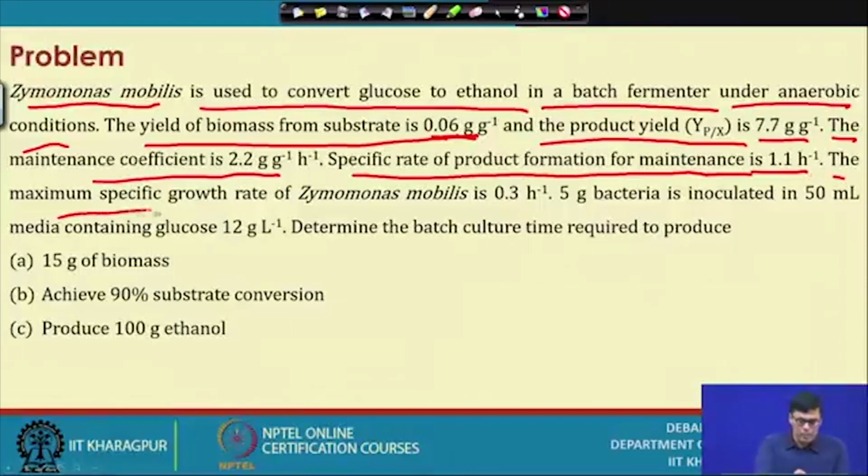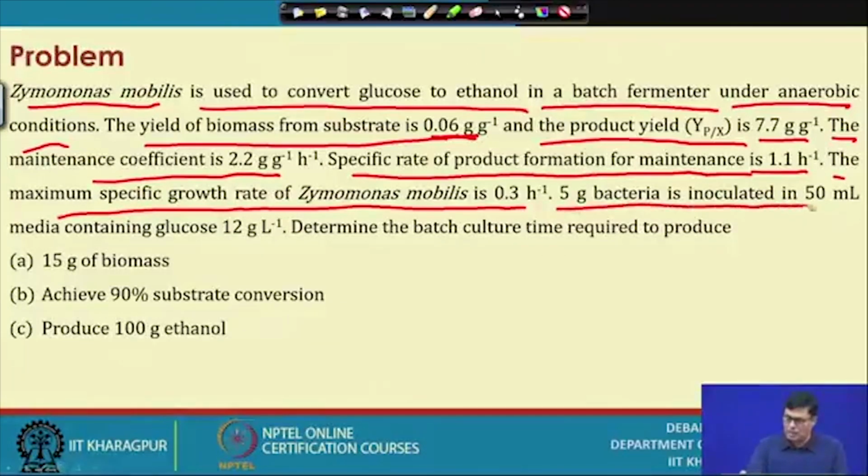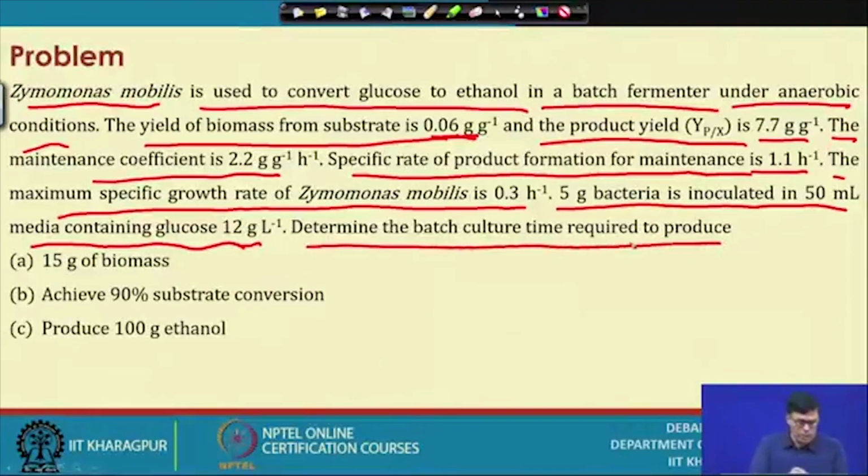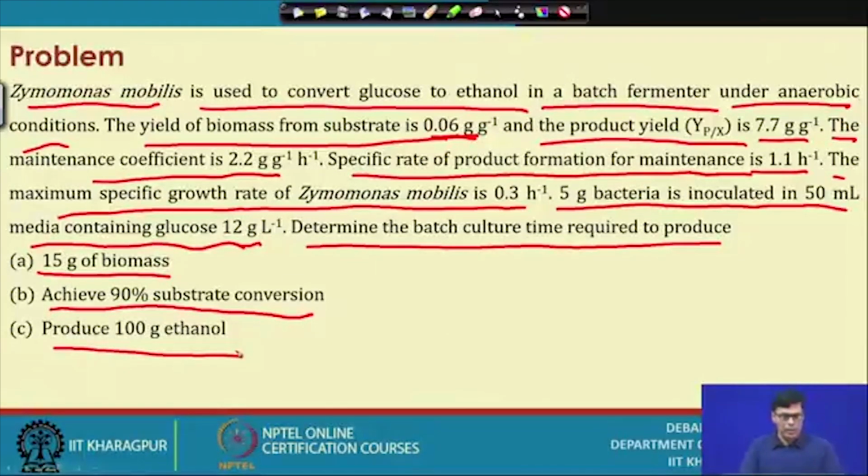The maximum specific growth rate of Zymomonas mobilis is 0.3 per hour, and 5 grams of bacteria is inoculated in 50 milliliter media containing glucose 12 gram per liter. Determine the batch culture time required to produce 15 grams per liter biomass, achieve 90% substrate conversion, and produce 100 grams of ethanol. So the problem has three different parts.